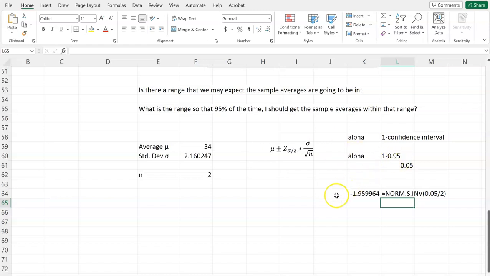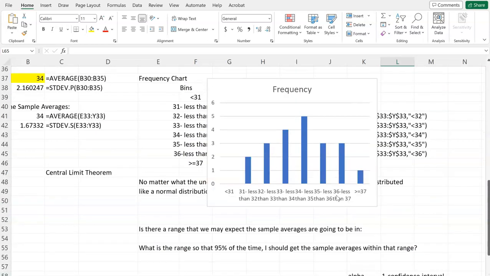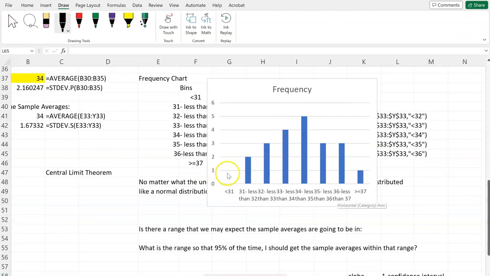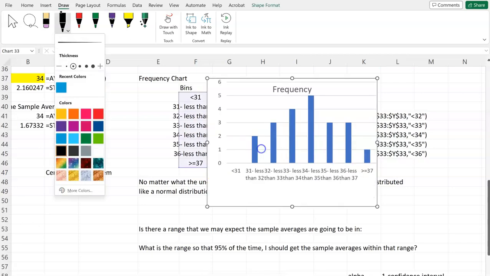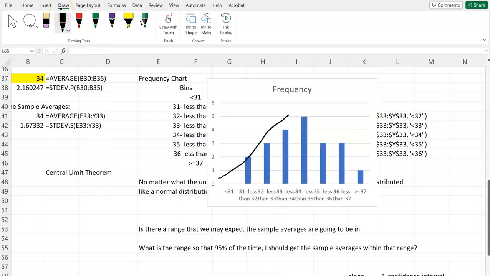Since we're looking at a normal distribution, my distribution looks of this shape, and it is within this range. Now I need to find the cutoff values. Where is it? What range is it going to be between?